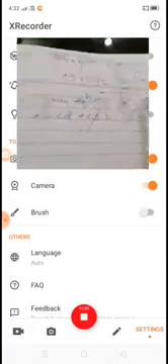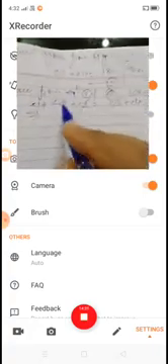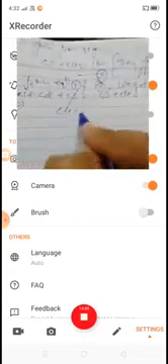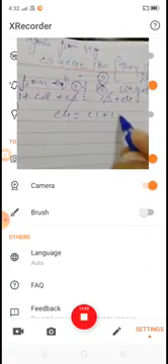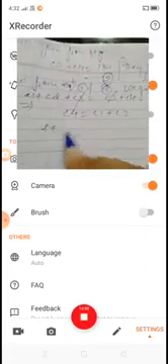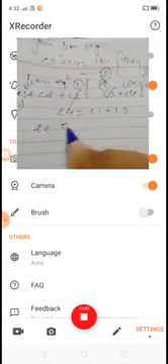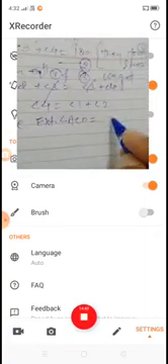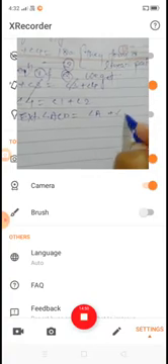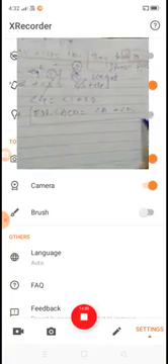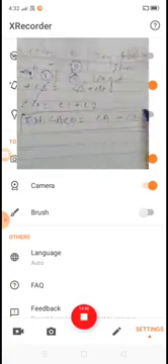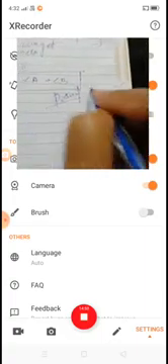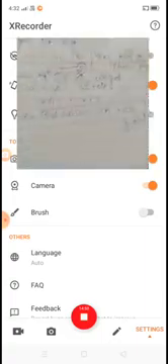Angle 3 cancels out, so we have angle 4 is equal to angle 1 plus angle 2, that is, exterior angle ACD is equal to angle A plus angle B, where angle 1 is angle A and angle 2 is angle B. Hence proved.